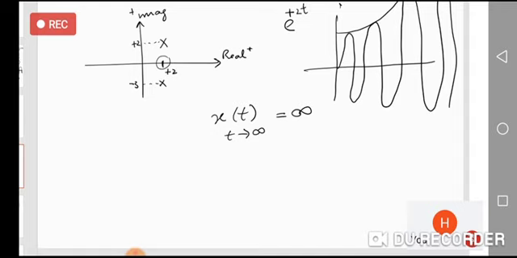Sir, can we call this the resonance phenomenon? No. This is not the resonance phenomenon. Resonance has to do with the natural frequency. When the applied frequency becomes equal or close to the natural frequency of the system, then the response of the system grows even exponentially.